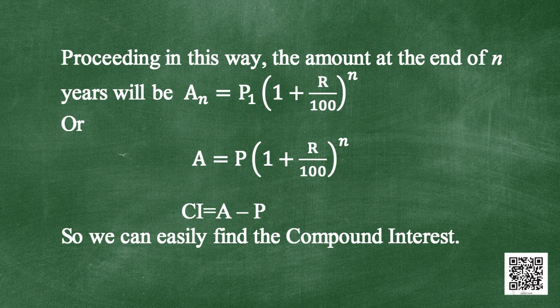So proceeding in this way, the amount at the end of the nth year will be An is equal to P1 times (1 plus R by 100) to the power of n, or we can say that A is equal to P times (1 plus R by 100) whole to the power of n, and thus we have our initial sum P and the final sum A, by which we have compound interest is equal to A minus P, where A is the final amount and P is the initial sum.